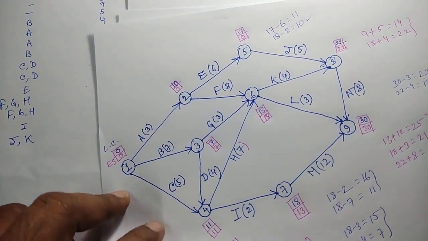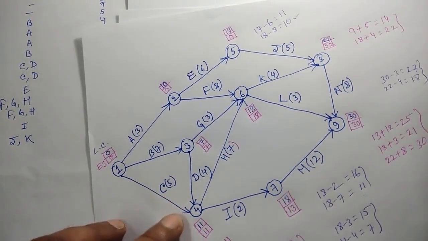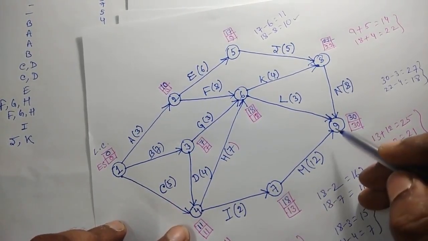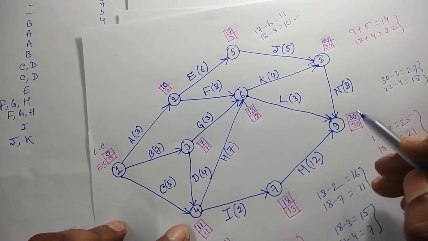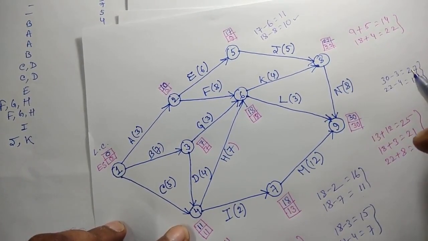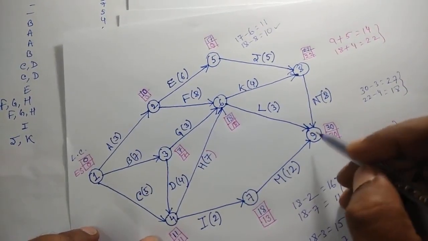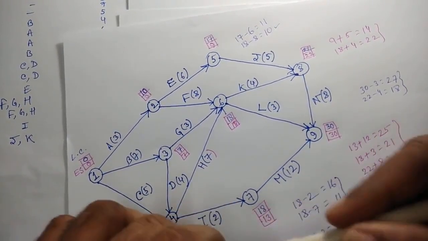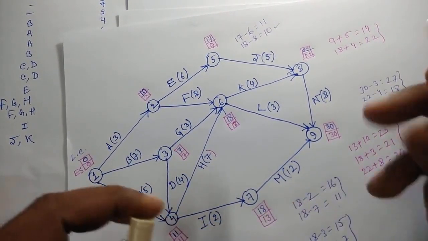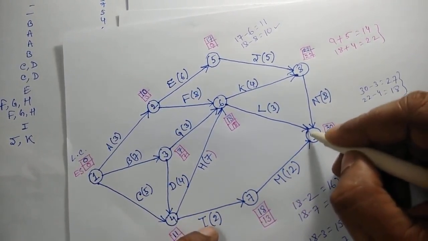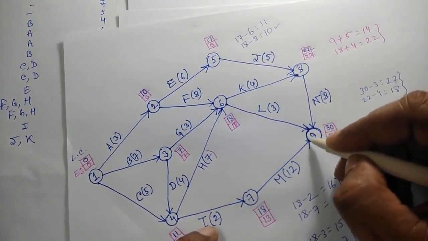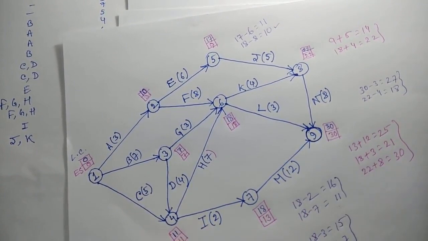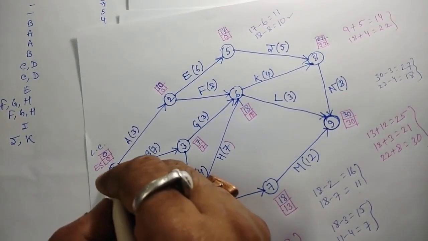Now see for which nodes LC and ES are equal. Here you find that this is the final node and this is the starting node.